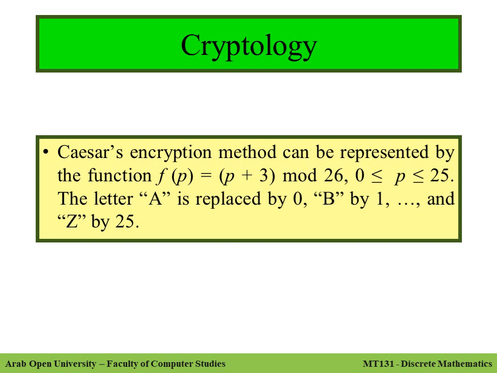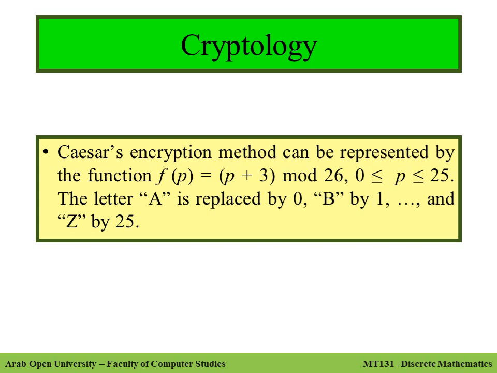This is applying the function which represents the Caesar encryption, f of p equal p plus 3 mod 26. After you apply the encryption, now you convert numbers back into letters. The resulting message will be encrypted. It will not make sense.